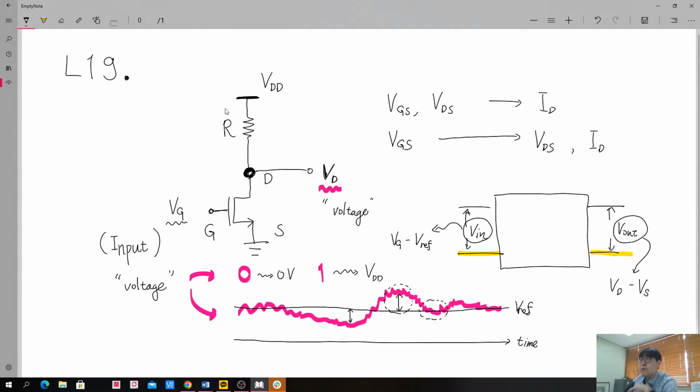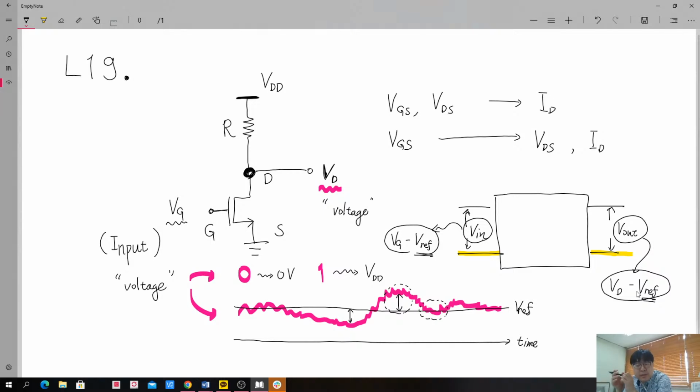Also, we will introduce a certain reference voltage for our output signal. Of course, this and that can be different. Usually they are different. Anyway, this small signal input is converted into a small signal output, and we will use it for our signal processing. Do you have any question?